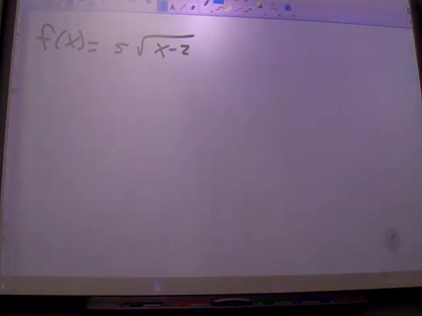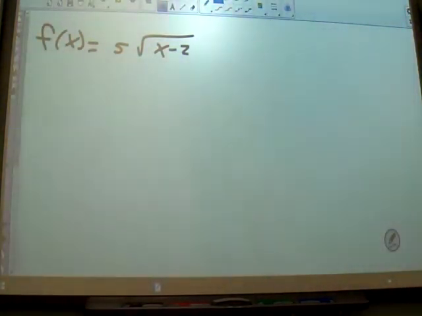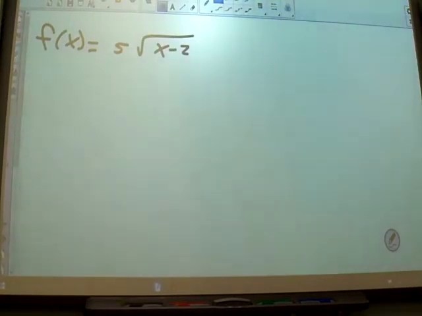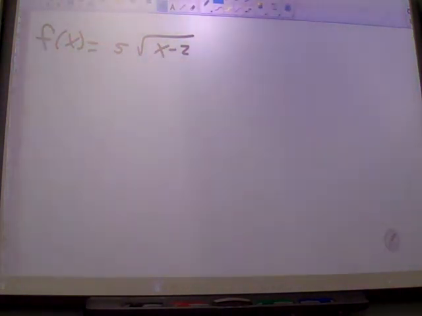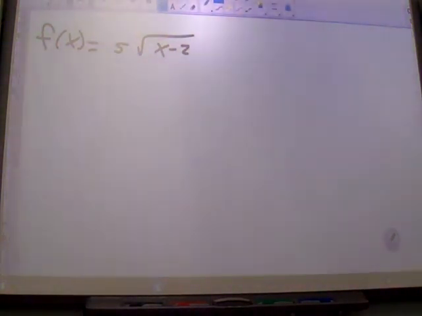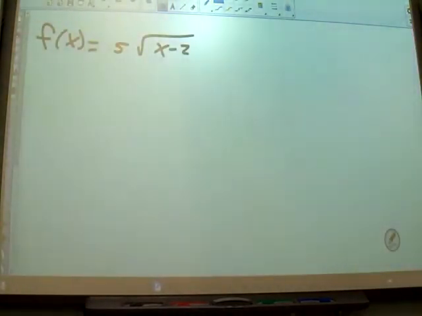Wait, so how do you get rid of the square root? You square it. Square root of what though? All that's under the square root.